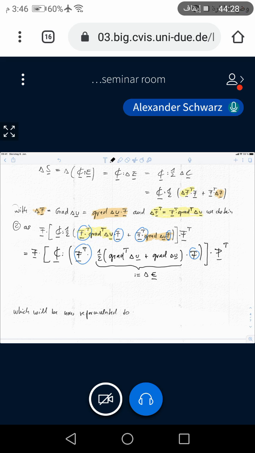But only to introduce here something, I want to use this as, let's say, a new kinematic tensor. And with this in hand, I finally end up here with something which looks like that.